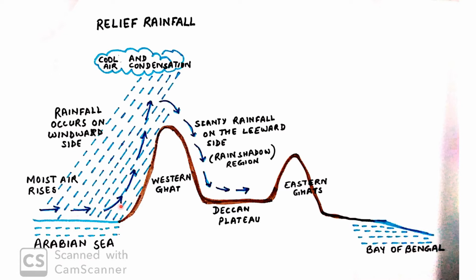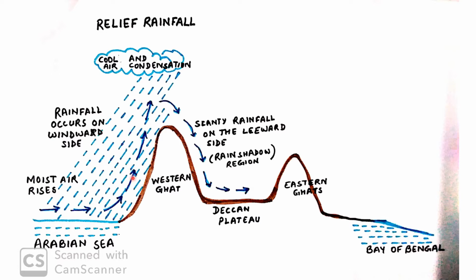As they move towards the Western Ghats, since it is a high mountain range, the air cannot cut through and reach the other side. It is forced to rise up the slope of the mountains.